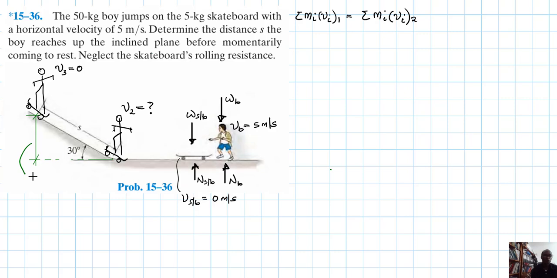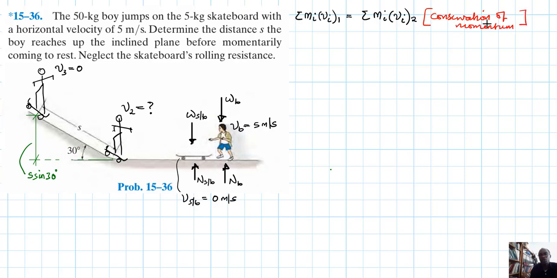It is just equal to s sine 30. So what do we do now? We are going to use the principle of conservation of momentum.